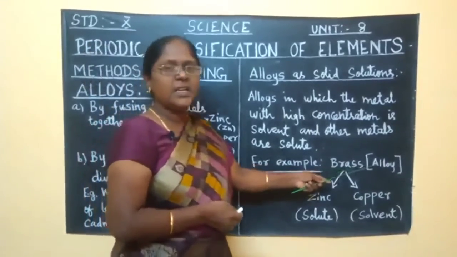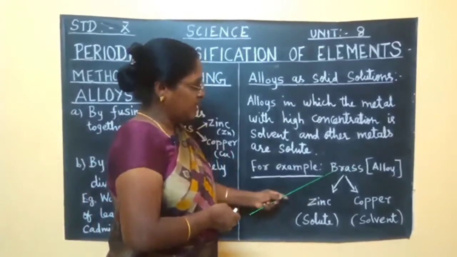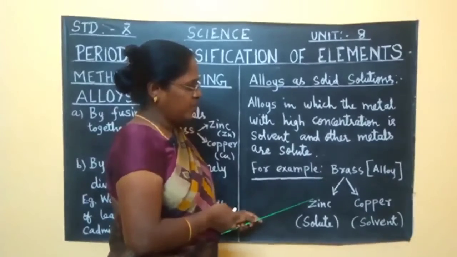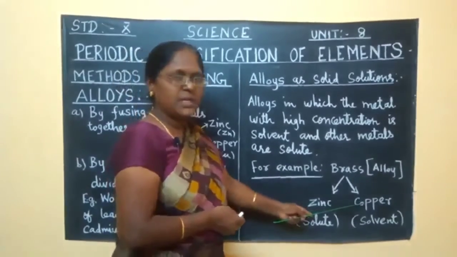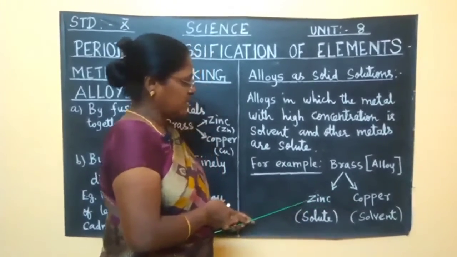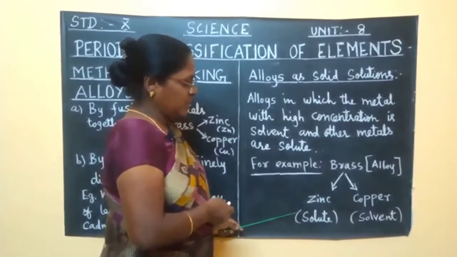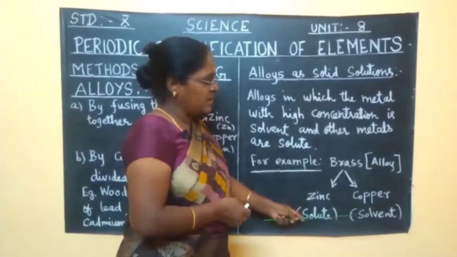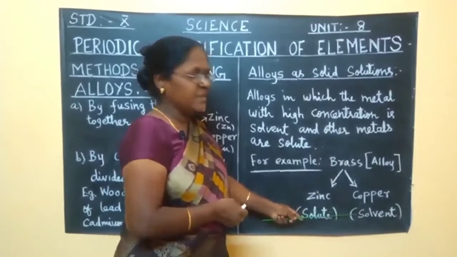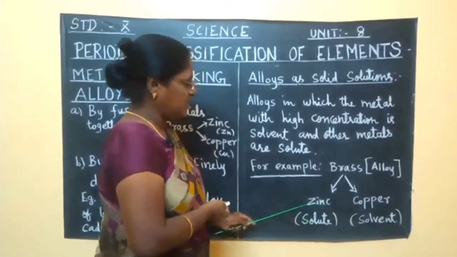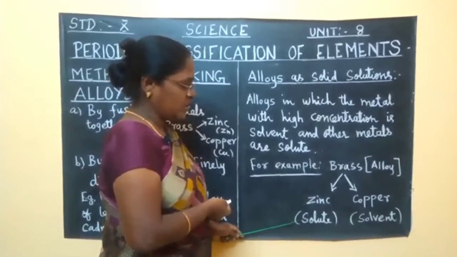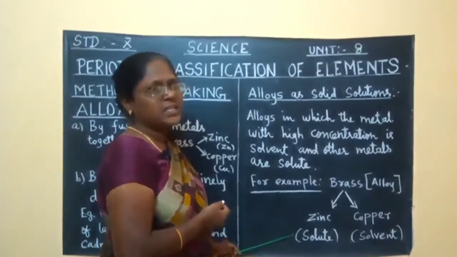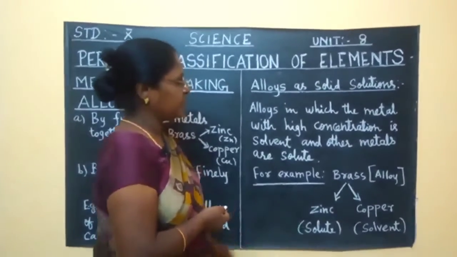Brass is an alloy. So brass is a combination of two metal. One is zinc, another one is copper. Here zinc is acting as solute and copper is acting as solvent. Solvent means here it is having high concentration. Here zinc is called as solute because it is having less concentration.